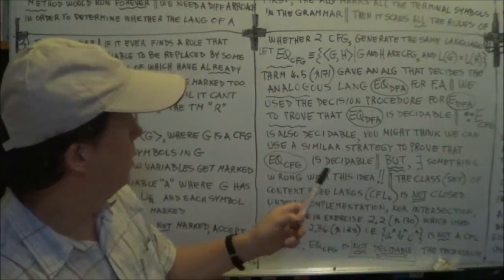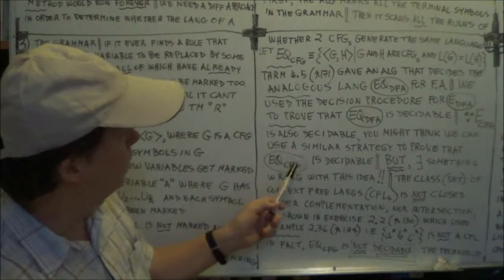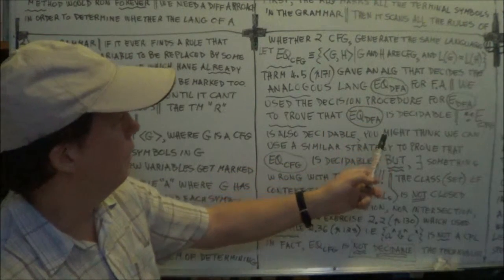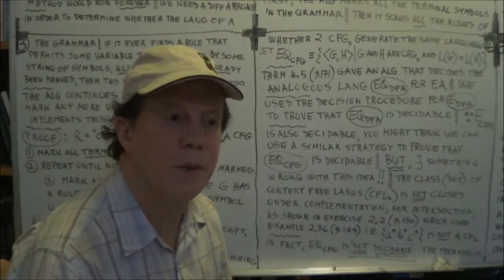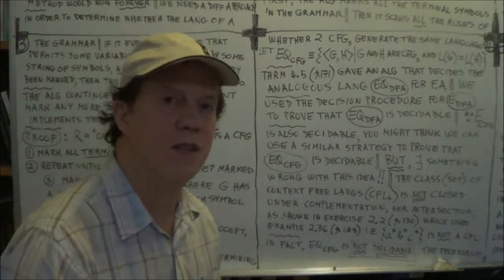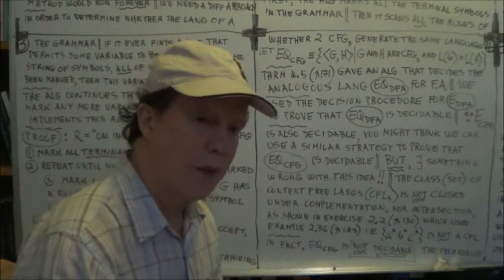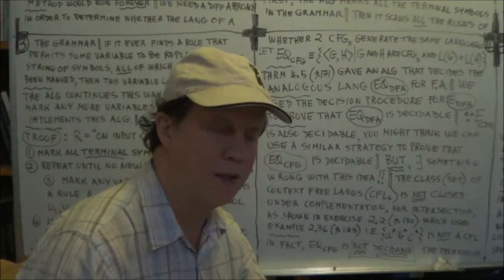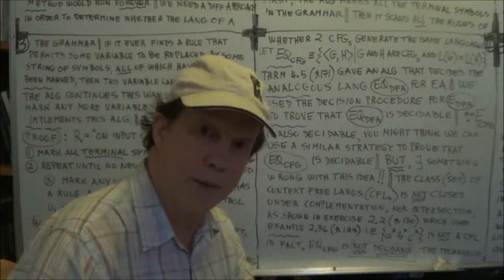So how about this one? Could we prove this one in the same kind of way that we proved that one? In other words, use the analogous symmetric difference property. The languages this time wouldn't be languages recognized by DFAs; they would be languages generated by the two grammars.